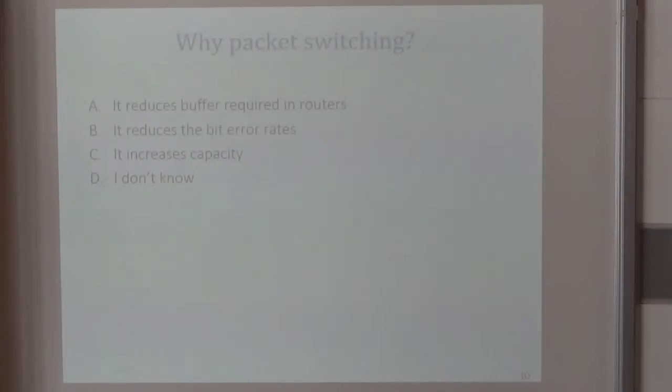So the majority of you think that's answer A, but a large minority thinks it's answer C. So answer C says it increases capacity. What does that mean? Who voted for that? Yes? You can change the routes and it increases capacity. That's probably correct.